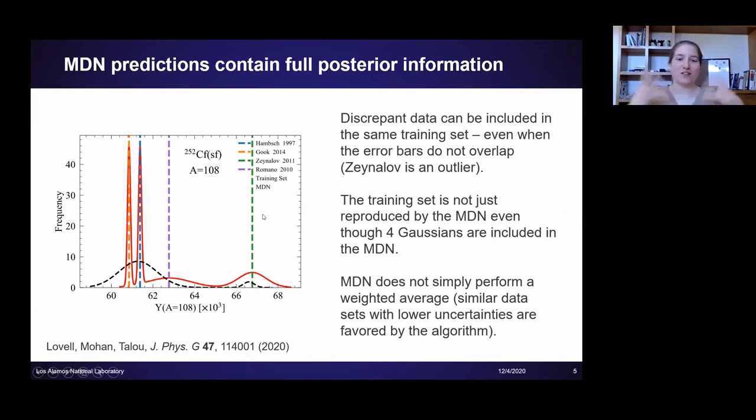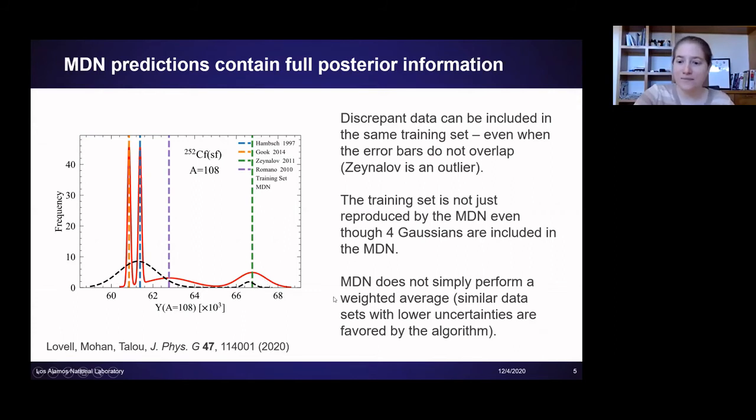So then we constructed this training set, we put it through our machine learning algorithm to see what it thought the best value for this data should be. And that's shown by this black curve here, where you see that, again, this isn't just a weighted average of all of these data sets, but it actually inferred something about how well measured these were, which data sets are discrepant, and you can see it comes out as we would hope.